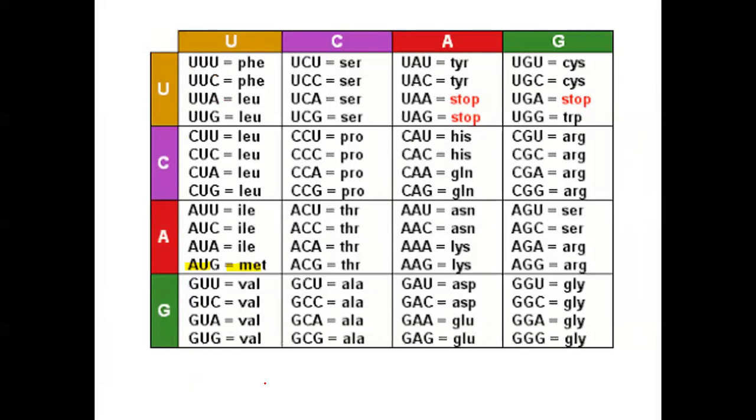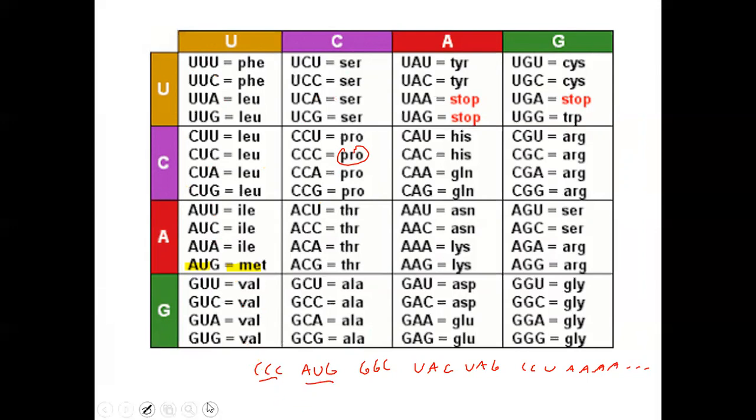So let's say you had that sequence CCC, AUG, GGC, UAC, and then UAG, and then CCU, AAA, okay? So on and so forth, right? Like I said, if you found CCC, it would code for proline, but you can't start translation there. You've got to start at AUG because that's a start codon.